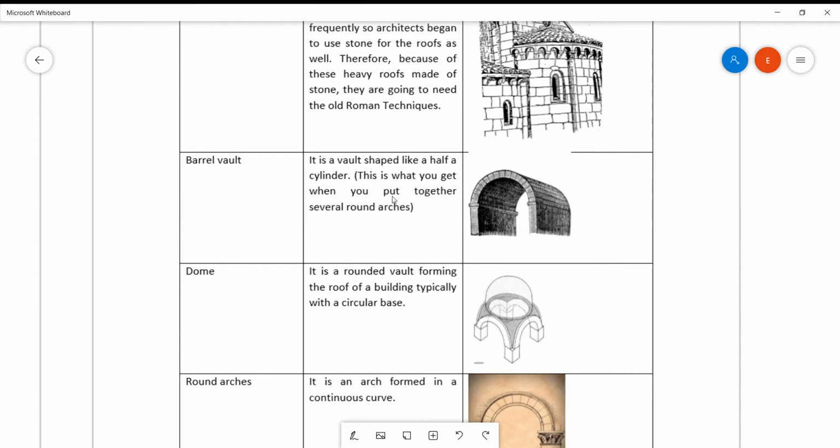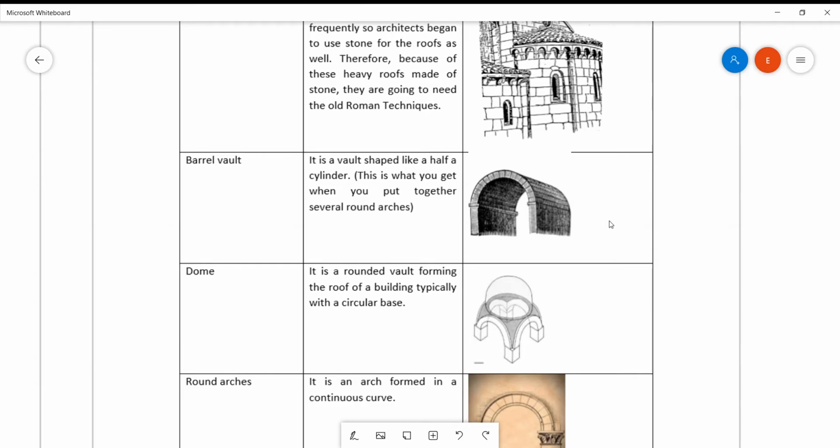Okay, a barrel vault is a vault shaped like a half a cylinder. Okay, llamamos a esto en español una bóveda de cañón, ¿vale? Porque parece que sea un cañón, para los ingleses parece que es un cilindro, para nosotros es como si fuera un cañón, como si estuvieras dentro de un cañón.